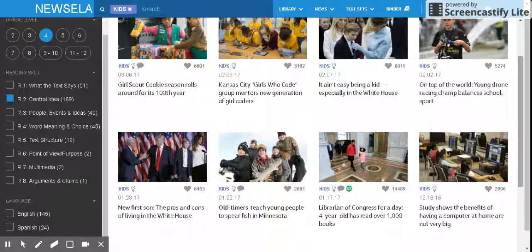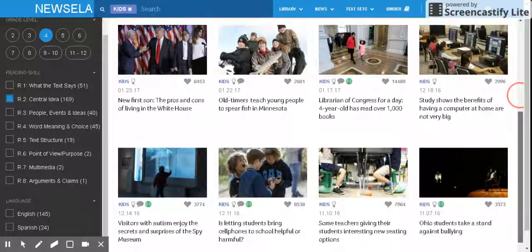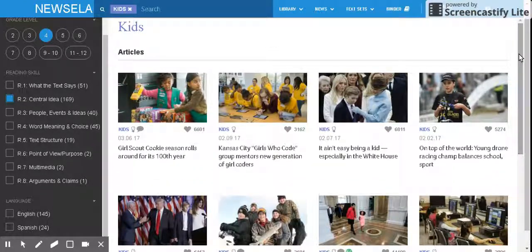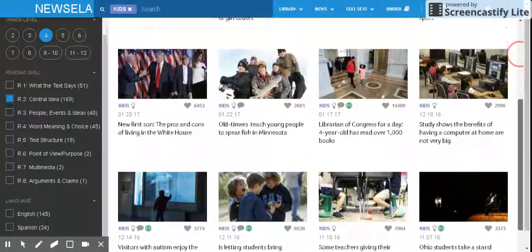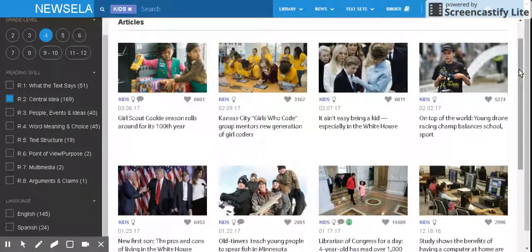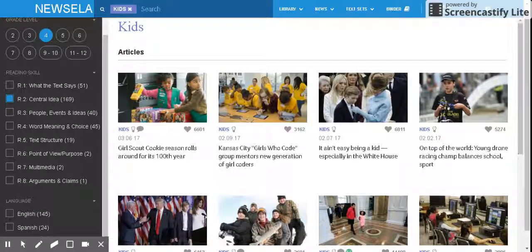They'll be interested in this kind of information, and these articles help me teach the central idea. So I've narrowed down my choices from the incredible amount of information that's out there on the internet and other sources to be able to say, okay, these 12 articles here are going to be great for me to teach 4th graders about central idea. So it really helps to narrow that down a little bit.